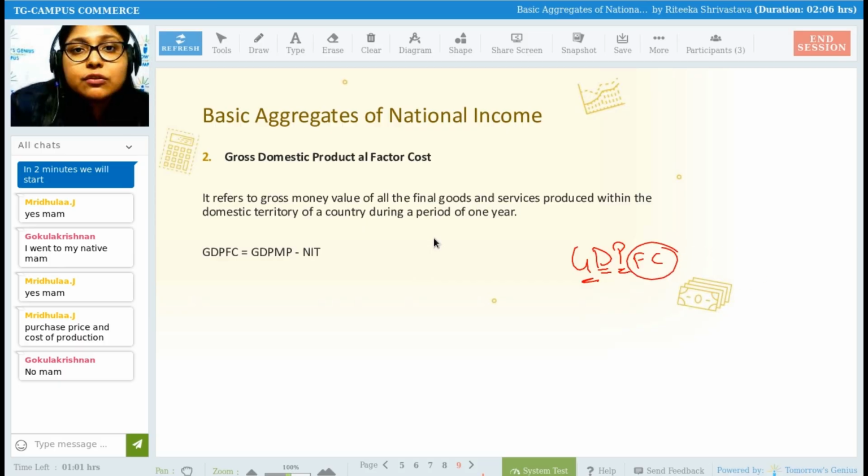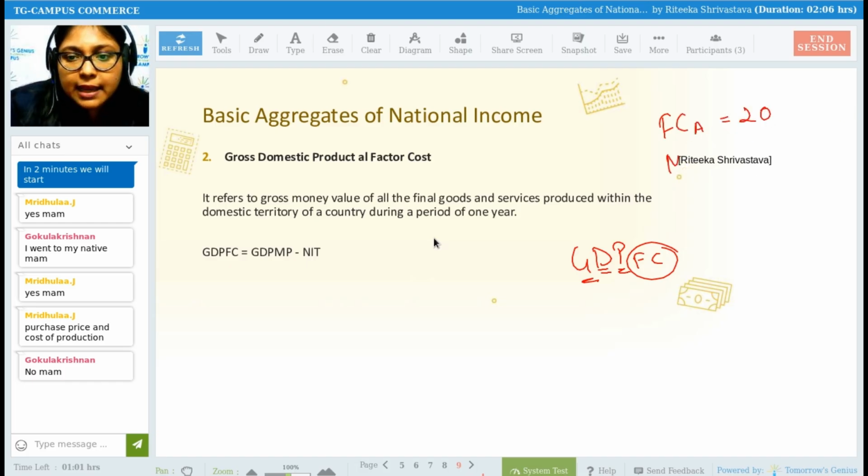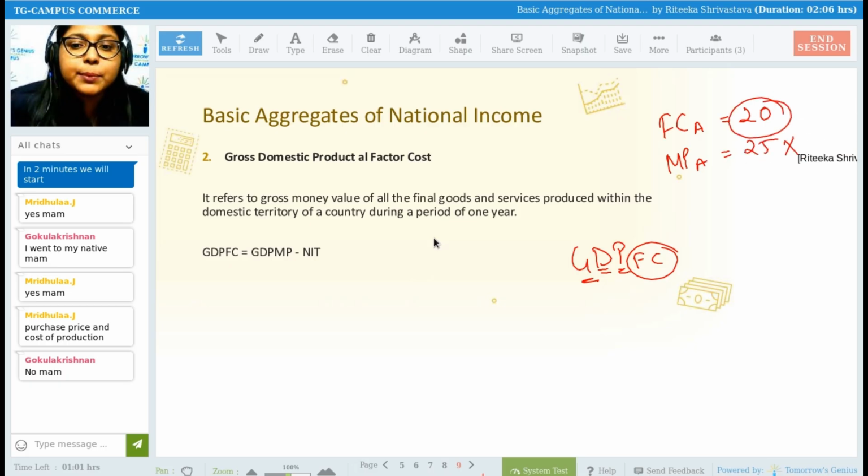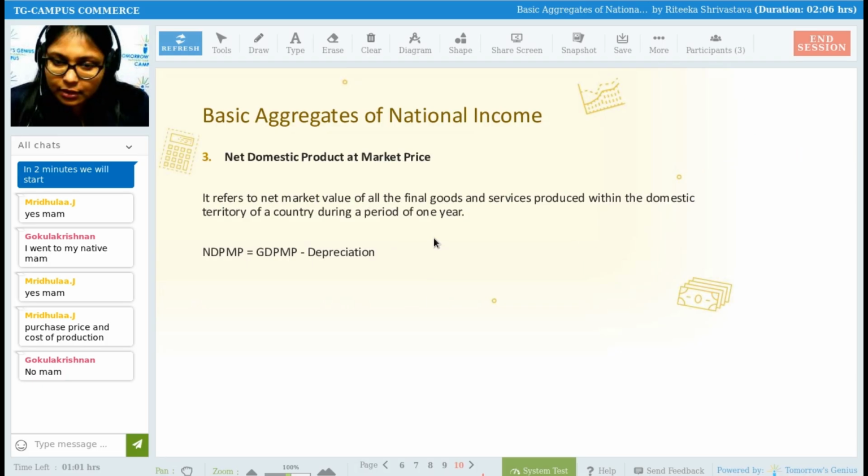So here we will consider the factor cost and not the market price. Same way, if the factor cost of good A is 20 rupees and the market price of good A is 25 rupees, then we will consider 20 rupees and not 25 rupees, because here we are calculating GDP at FC and not at MP.